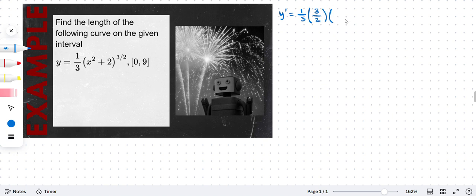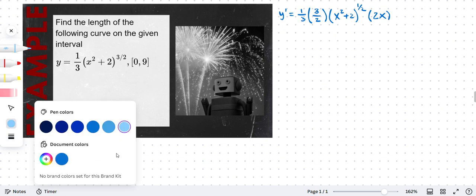We're going to keep the inside parentheses the same, so x squared plus 2. We're going to decrease the exponent by 1, so that'll be a 1/2. And then we need to multiply by the derivative of the inside, so the derivative of x squared plus 2.